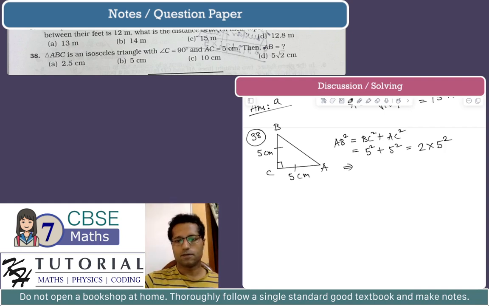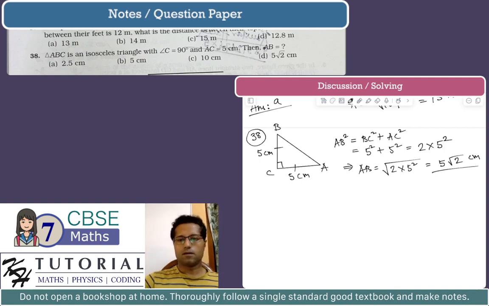So this implies AB is equal to square root of 2 into 5 square. This is equal to 5 root 2 centimeter. So the length of the side AB is equal to 5 into root 2 centimeter. So the correct choice is D.